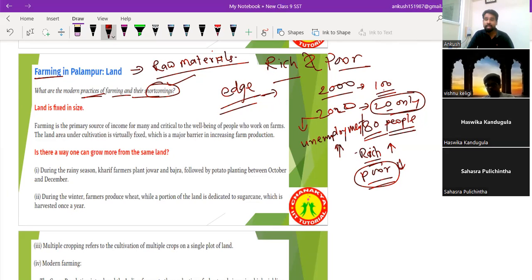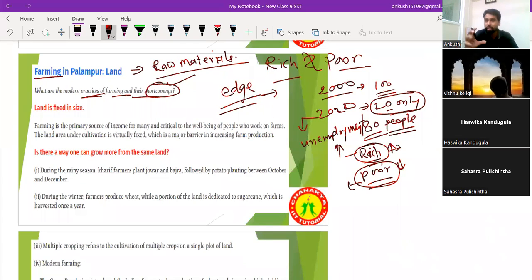But now the rich person has brought in modern machines, and the laborers are replaced by the machines. He has done cost cutting, as he does not have to pay lots of labor charges. But these poor people have become poor again because they are not getting a job anywhere.